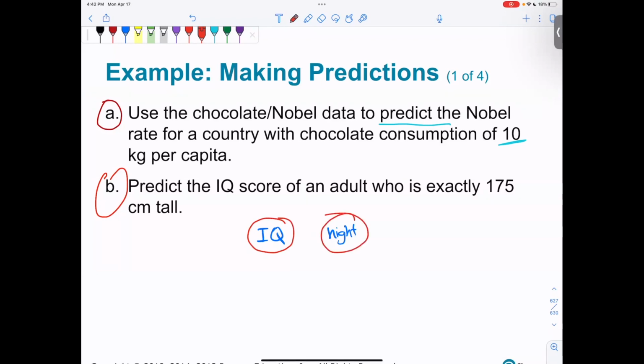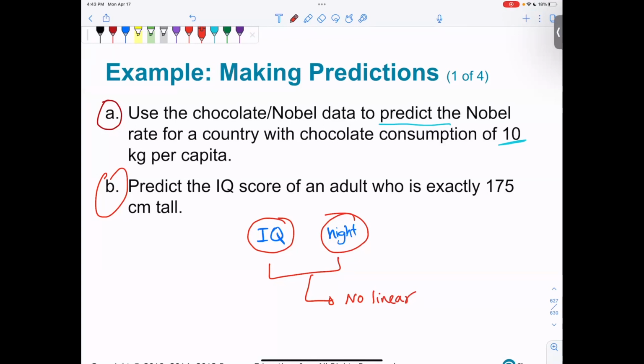If you say, okay, if you are 160 centimeters, or as you get taller, your IQ will be higher. No, right? So we know, even if we don't study, there is no linear relationship between those two variables, right?